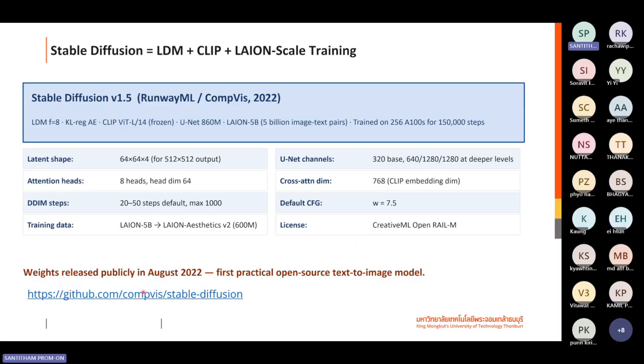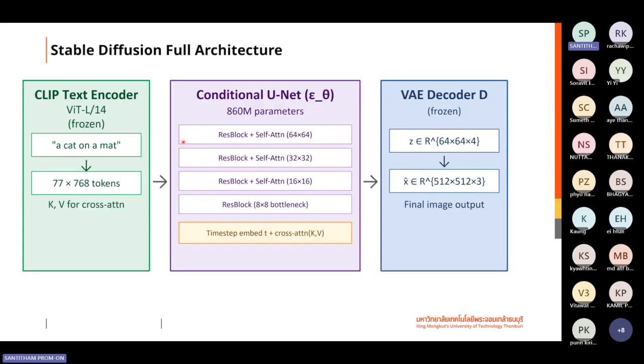You can go to this website to get the GitHub. I think I already shared the code of this Stable Diffusion version with everyone to play with. The architecture looks like this.